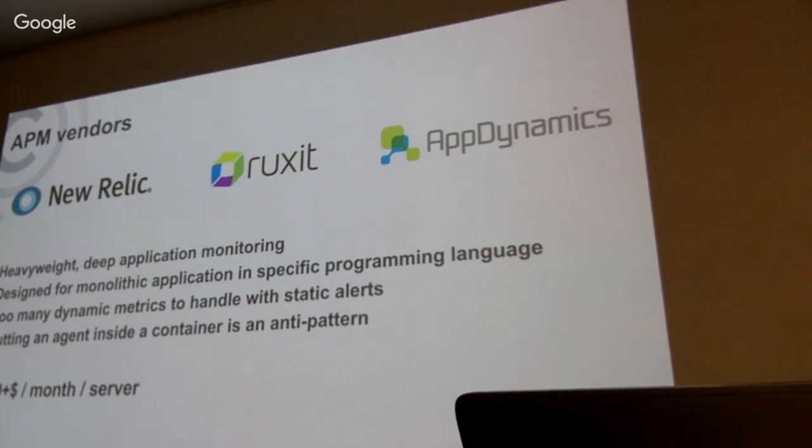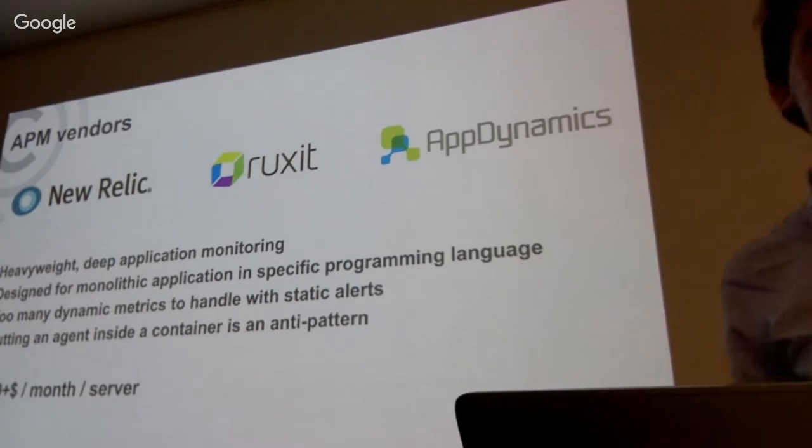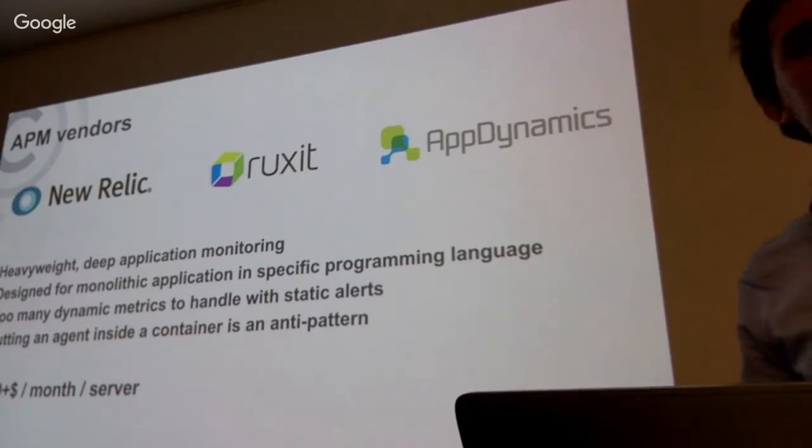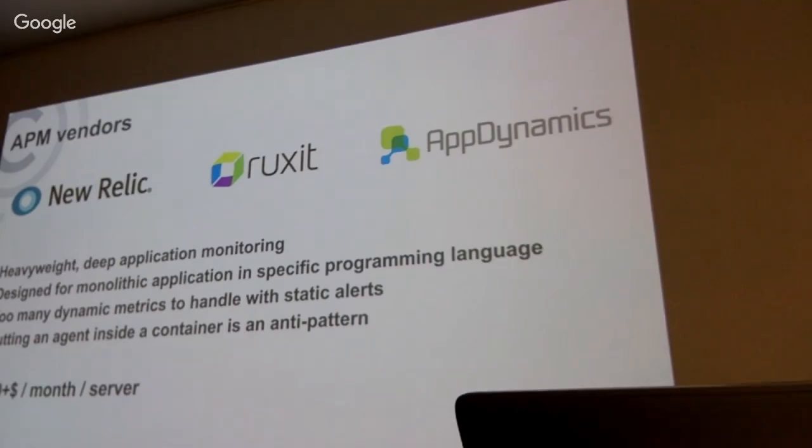Most of these APM tools also require you to install an agent inside your container, which is basically an anti-pattern. You don't want to be running a heavyweight agent next to your application inside your container. Obviously, these tools are also quite expensive. So what we usually see is that in a production environment these tools are sometimes used on about 10% of the environment, more for debugging purposes, and other tools are used to monitor the entire production environment.